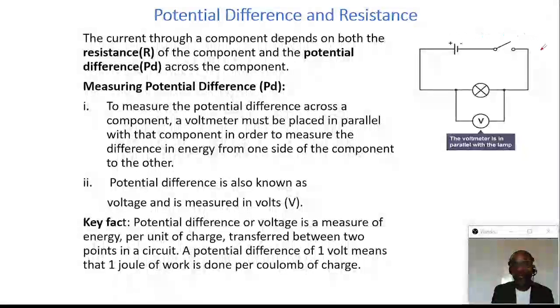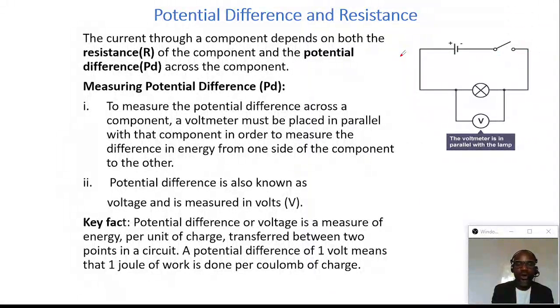This diagram is going to be used to explain how potential difference and resistance in a given circuit can be analyzed. The aim of today's class is for us to understand how potential difference across a component can be measured. This is a schematic representation of how such measurements can be taken in a given circuit.